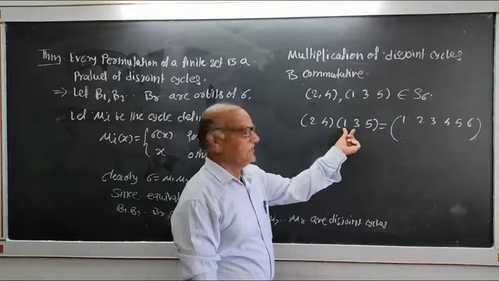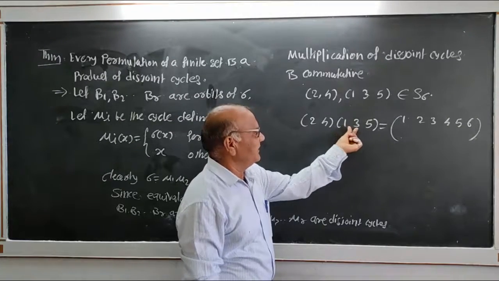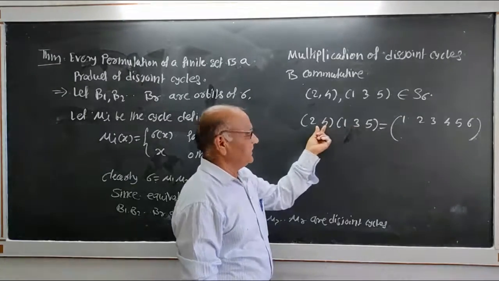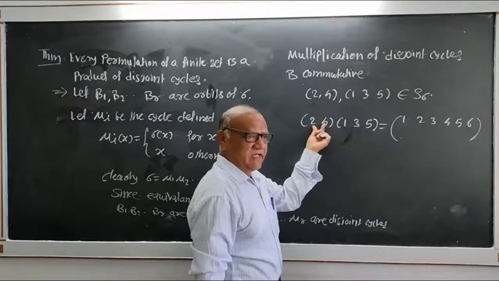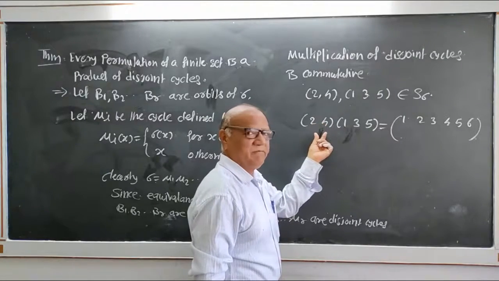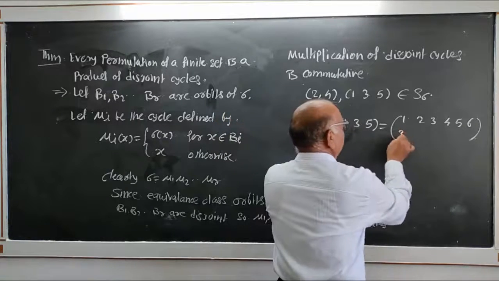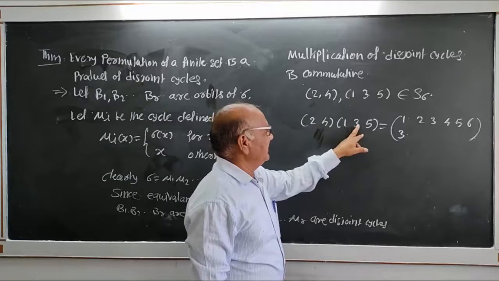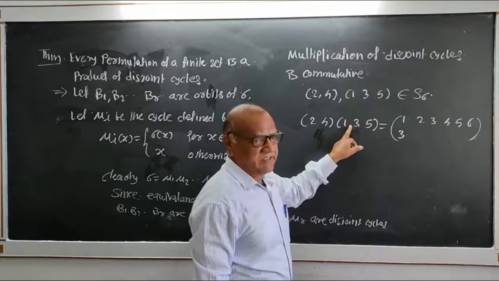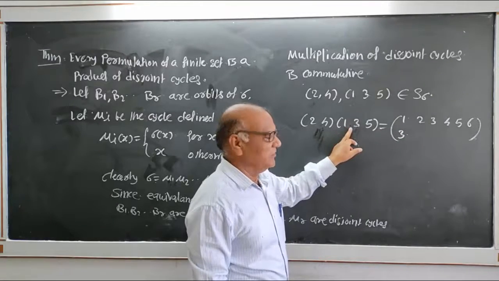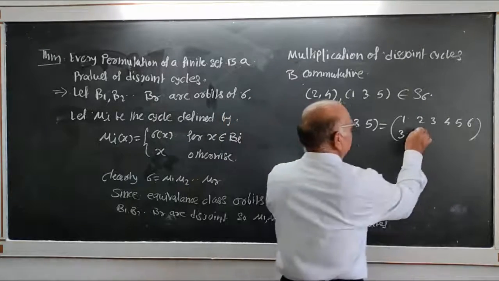Here, in this cycle, 1 goes to 3. If an element is absent, it means that the image of that element is the same. Here 3 is absent, so 3 goes to 3. Now write down 3 here. For 2, 2 is absent, so 2 goes to 2, and then 2 goes to 4.